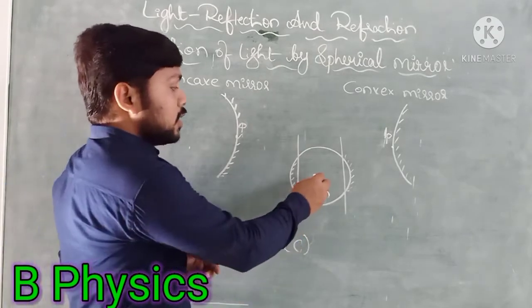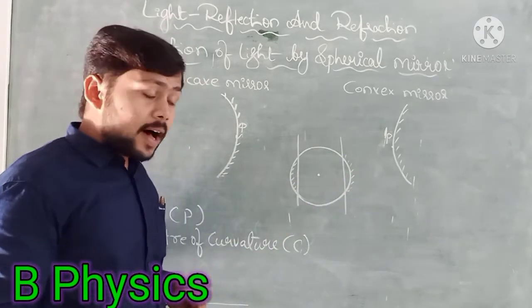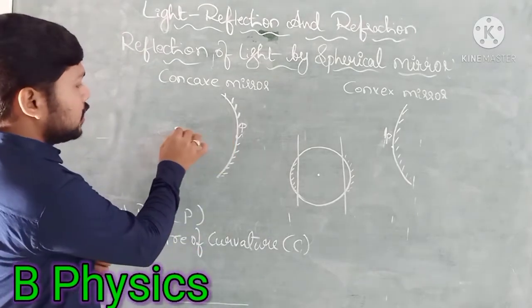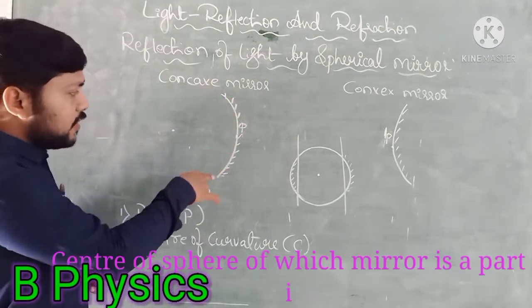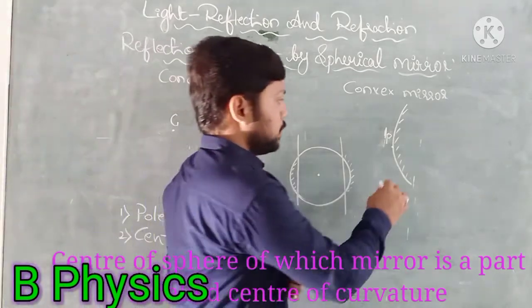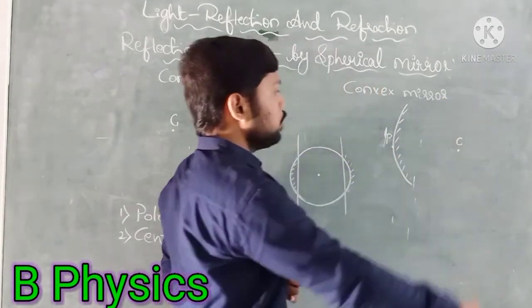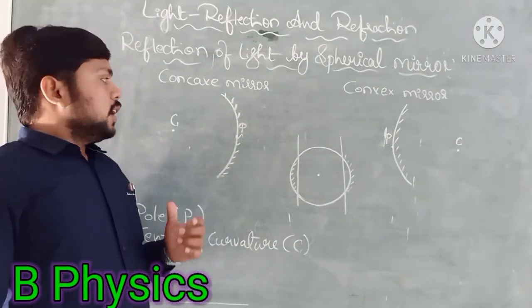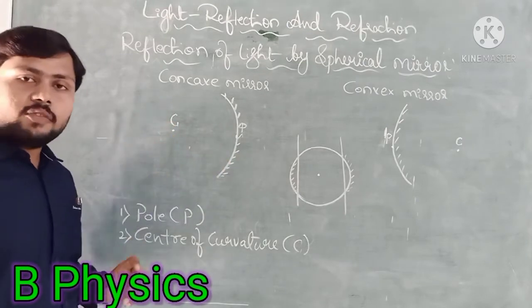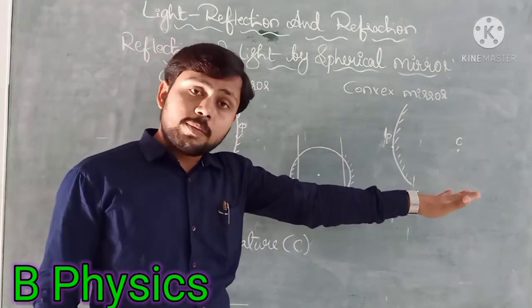So the center of the sphere of glass of which the mirror is a part is called the center of curvature. In case of concave mirror, the center of curvature lies in front of the mirror, but in case of convex mirror, the center of curvature lies behind the mirror.